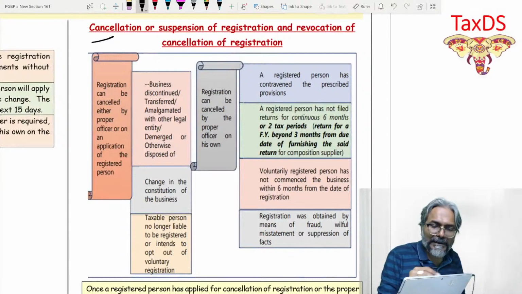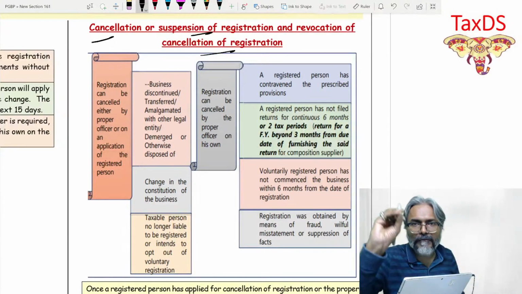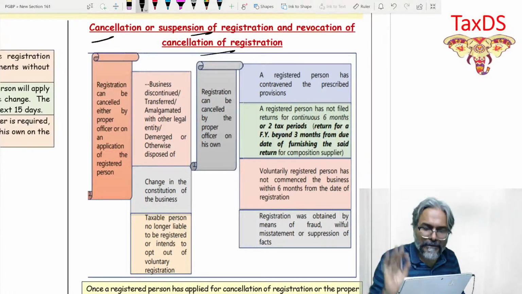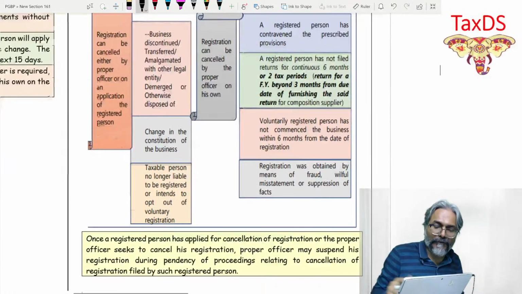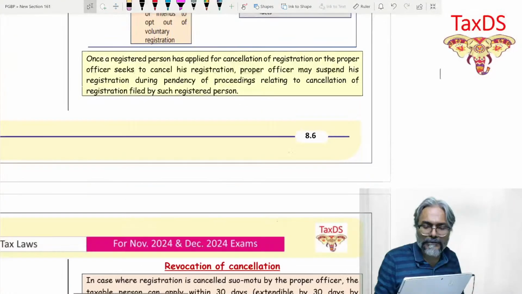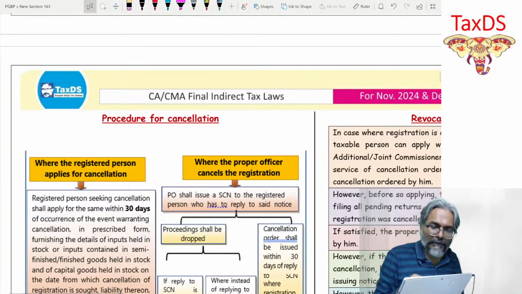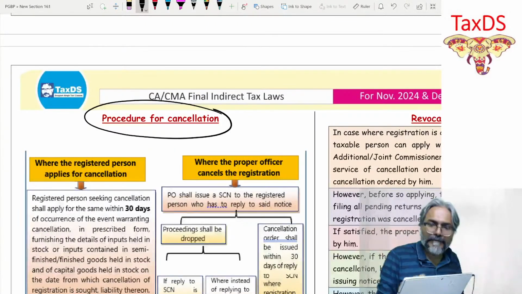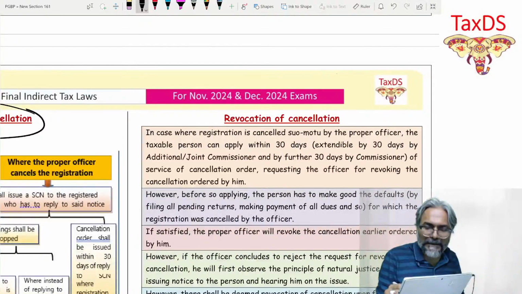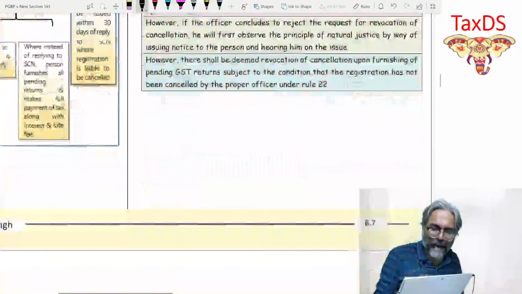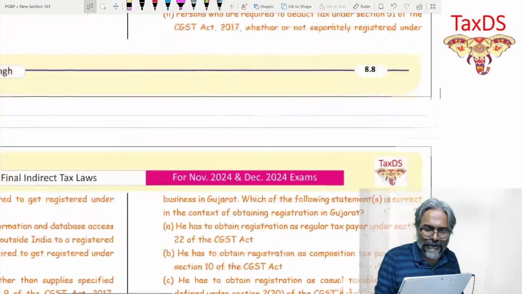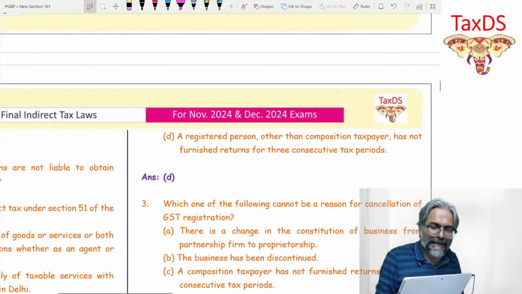Cancellation or suspension of registration, read it at your end. It will not require any particular intervention. Under what circumstances it will be cancelled or suspended. So this is again homework. Procedure of cancellation, the same thing. Revocation of cancellation, same thing. The entire point is about the cancellation part. Fully procedural part, students. That is your homework now.